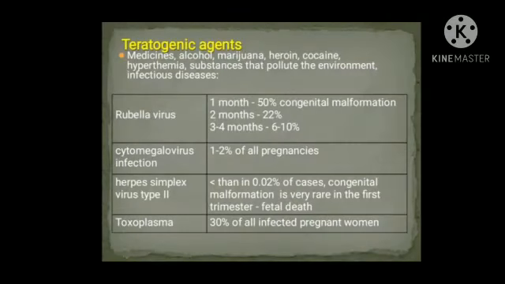In this slide you can see the teratogenic agents which can act as a factor leading to congenital malformation. For example, it may be medicines, alcohol, marijuana, heroin, cocaine, hyperthermia, environmental pollutants and infectious disease.